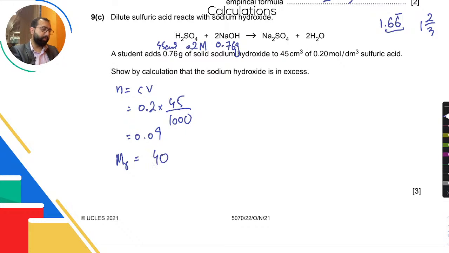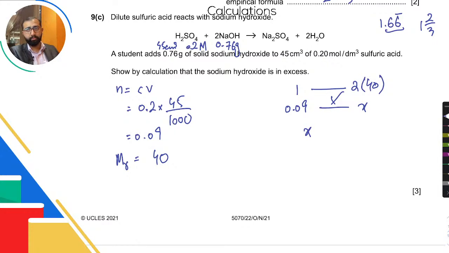Okay, so what does it tell me? 1 mole of H2SO4 reacts with 2 moles of NaOH. So that is 2 times 40. Okay. So how much would 0.009 react with? X, cross multiply. This is the ratio method. So that gives me 0.009 times 2 times 40. I think I made a mistake in calculation somewhere.